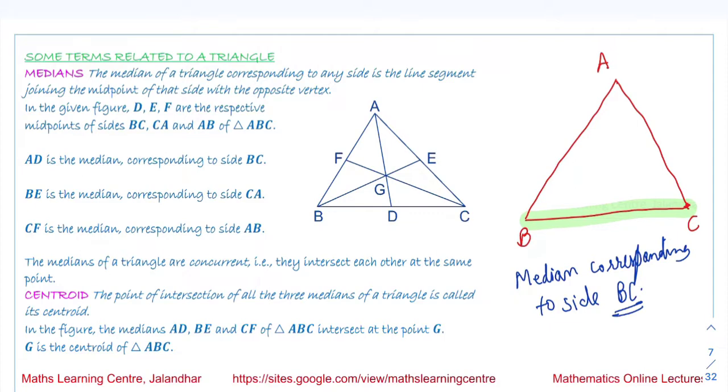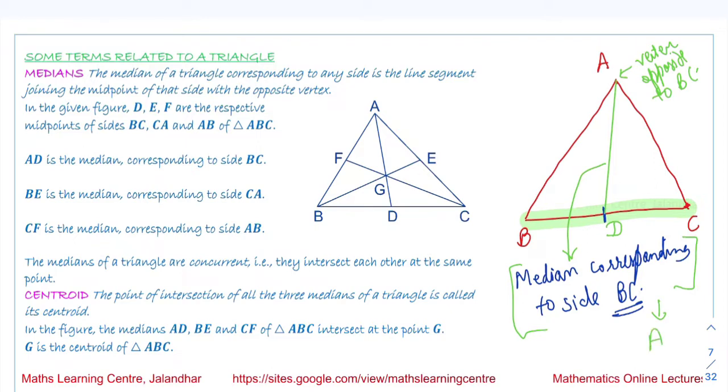It means we will find the midpoint of BC, and we join this midpoint to the point A, the vertex opposite to BC. So this line is called the median corresponding to the side BC. If this midpoint is D, then we say the median corresponding to side BC is AD.